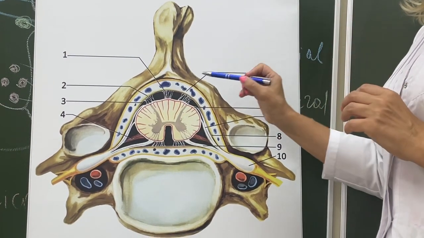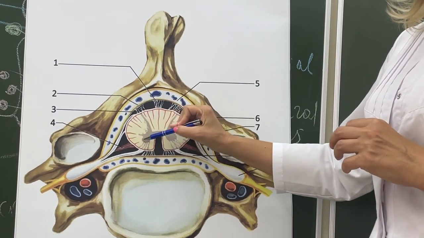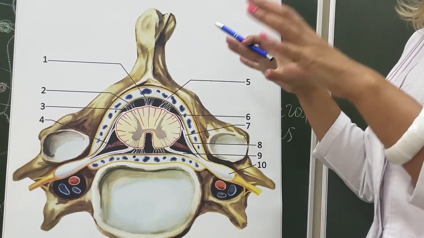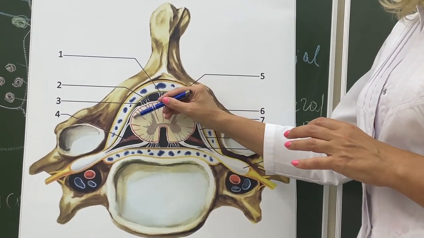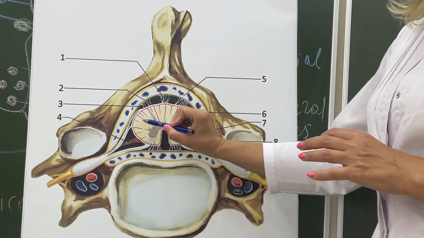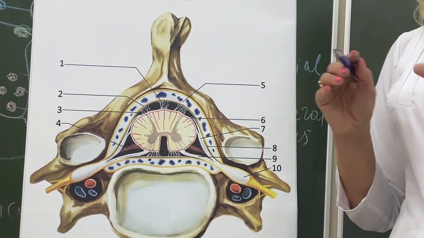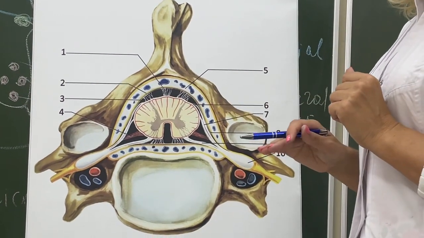Pia mater, you see, has the insertion of many vessels, and these vessels are parts of the pia mater, and they repeat the relief of the surface, entering the grooves and fissures. So the main function of the pia mater is nutrition, the trophic function.